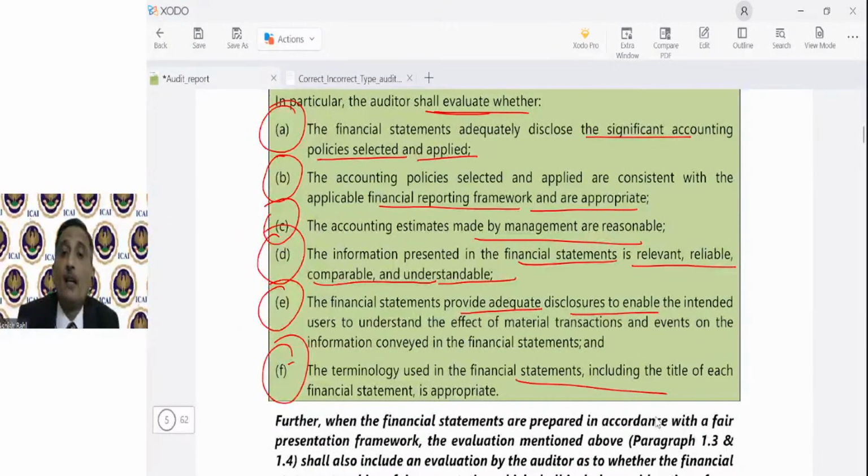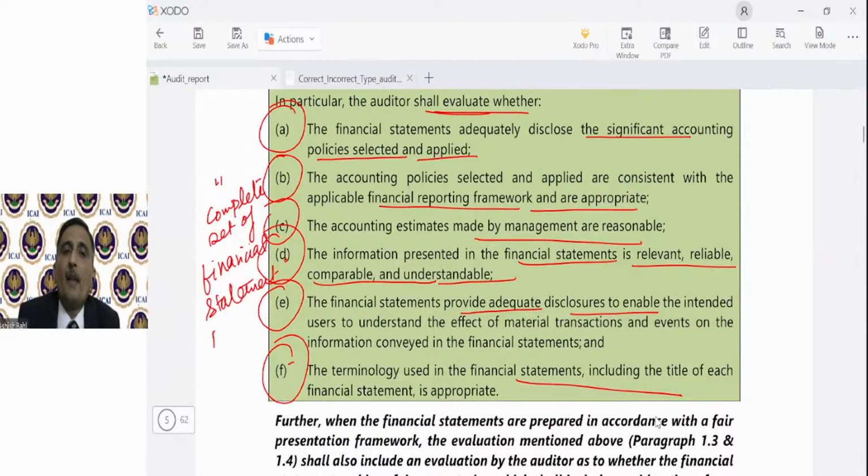is appropriate. Now, guys, you understand that when we refer to financial statements, we refer to a complete set of financial statements. What does the complete set of financial statements mean?